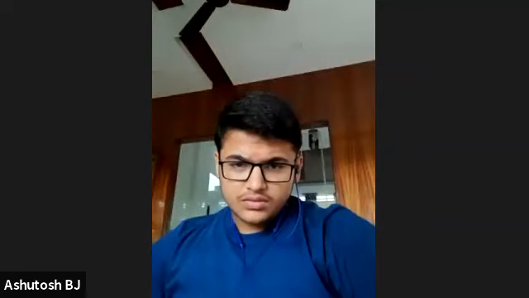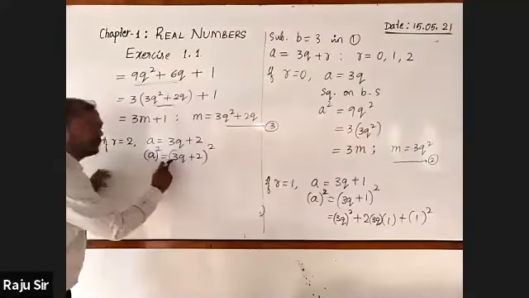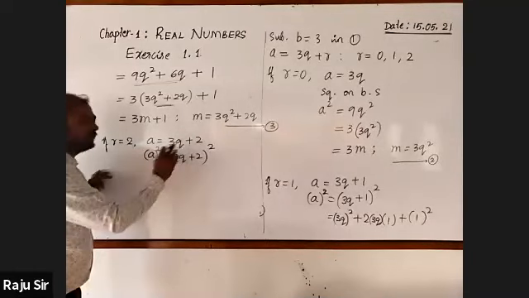Can I expand it directly? Let us go for applying the square using the identity directly. 3q plus 2 whole square. The square of 3q is 9q square.